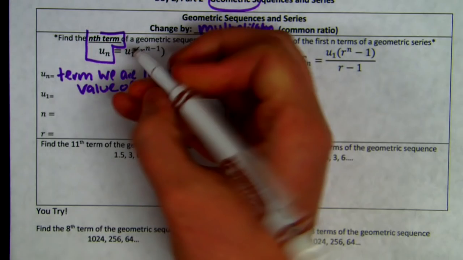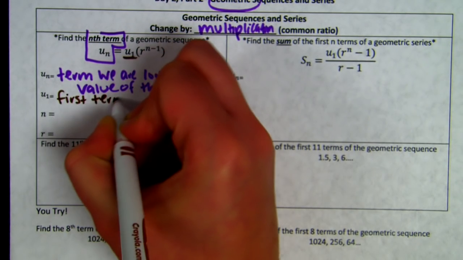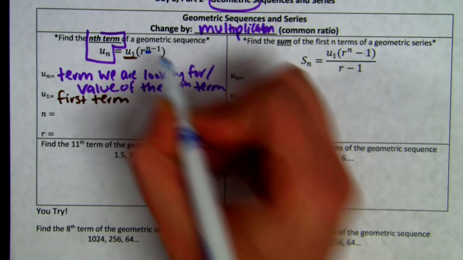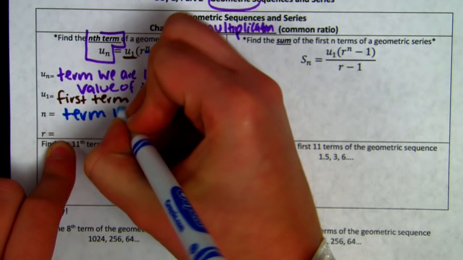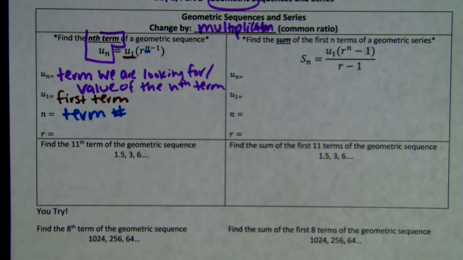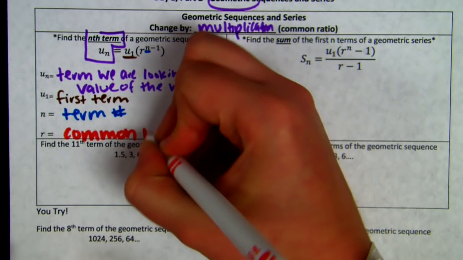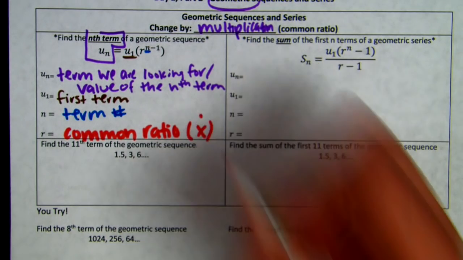Moving on, u1 is the same as last time. u1 is equal to my first term. N is again the same thing as last time. N, reminder, is in our exponent up there. N is equal to the term number. And r is equal to our common ratio, which is again the amount that our sequence is changing by each time, and that is in terms of multiplication.